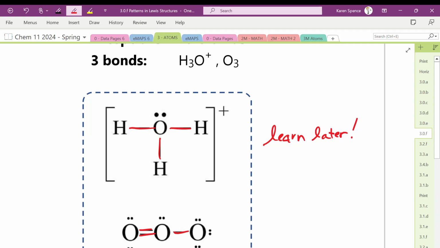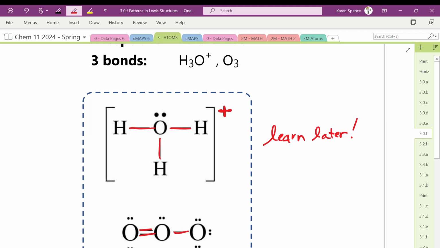Who has to go in the middle? Oxygen. Okay? And do you know what you notice here? We have a positive charge. That means that someone somewhere has lost an electron. So instead of having 2 unpaired electrons, it will have 3 unpaired electrons, okay? But there is a method for doing the complicated ones that I will teach you later. So you don't have to worry about it for now.